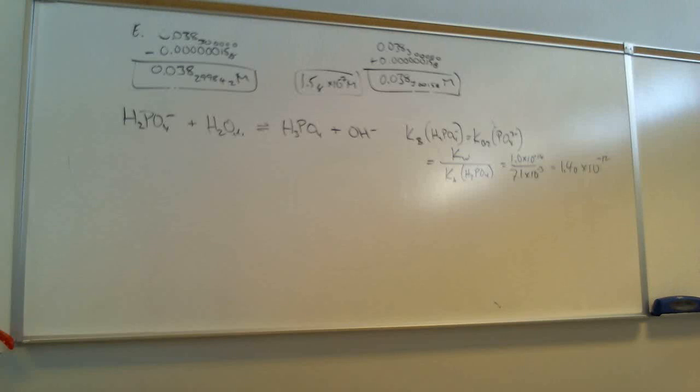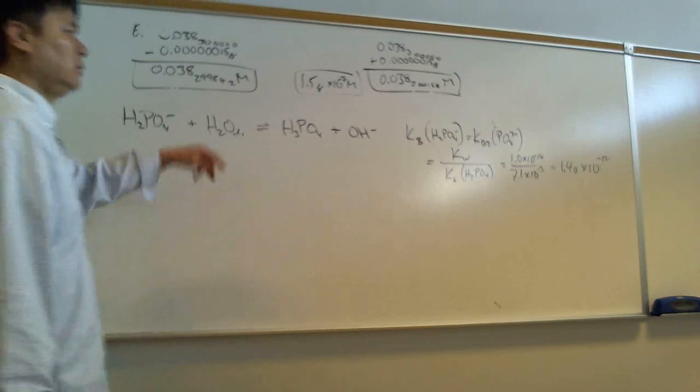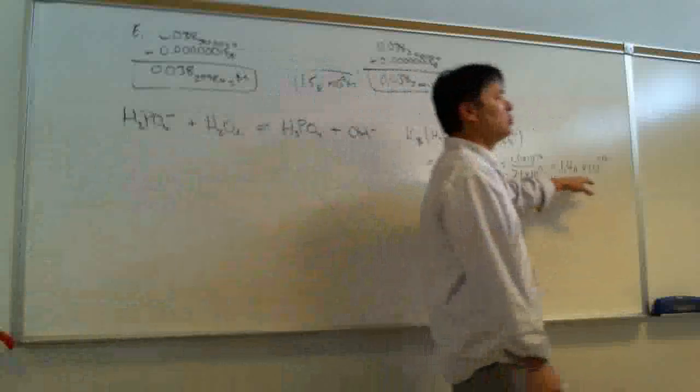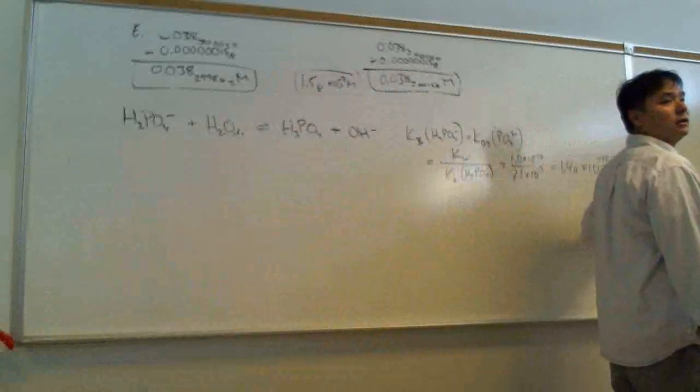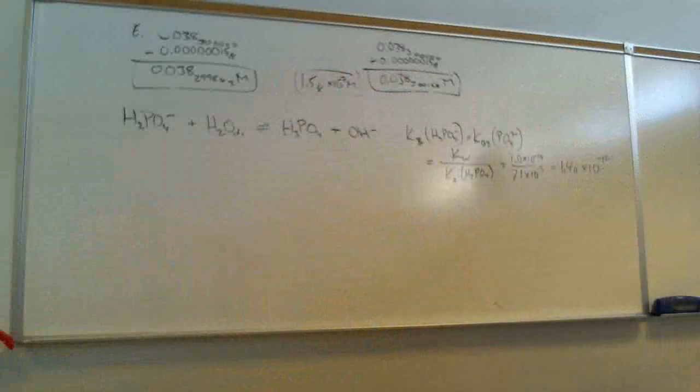Sometimes with these triprotic, let's say this were 1.4 times 10 to the minus 15. Would I go here? I wouldn't. 1.4 times 10 to the minus 15 is an awful small number. You expect much hydroxide from this?